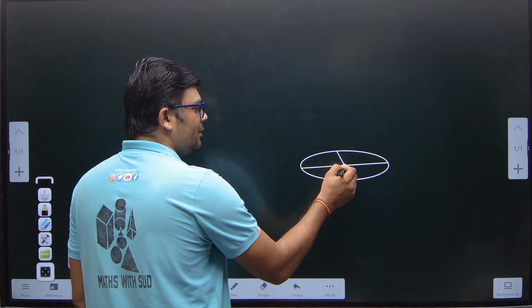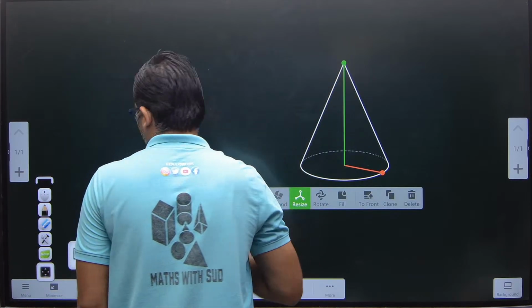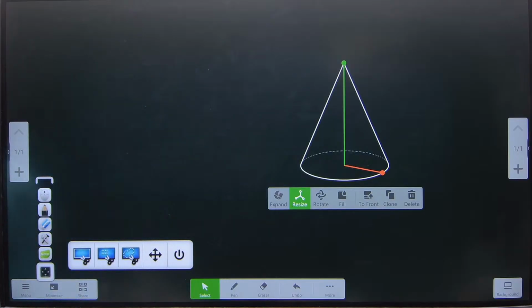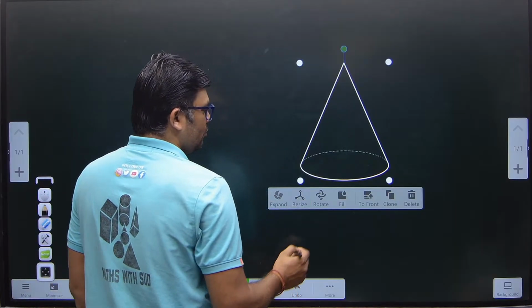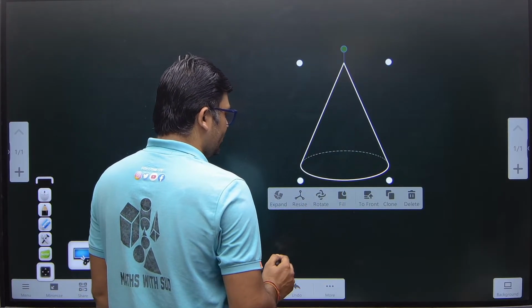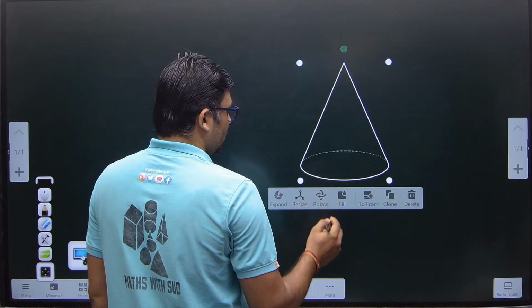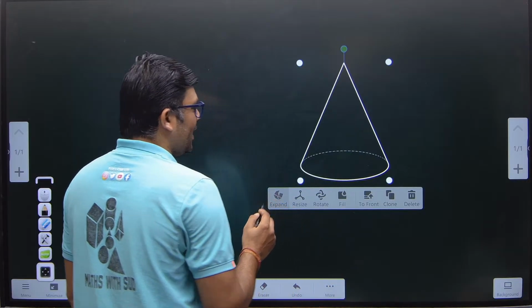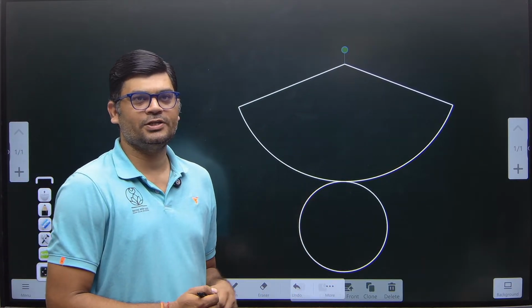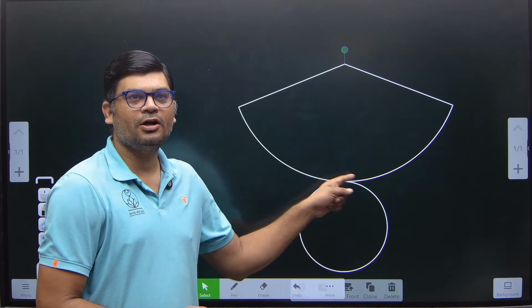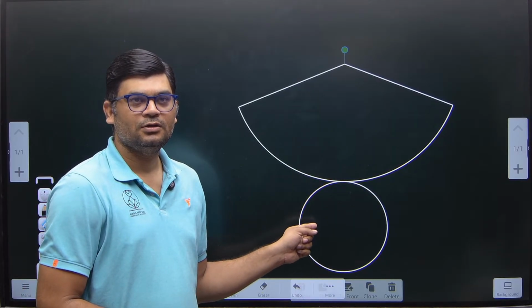With the center vertex, I am increasing the height. When I increase the height, it has become a cone. Now if I expand this, if I cut it, you will see this is the shape of a cone. So this is the bottom one.